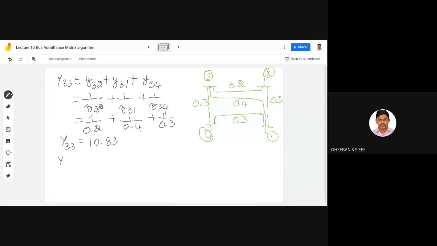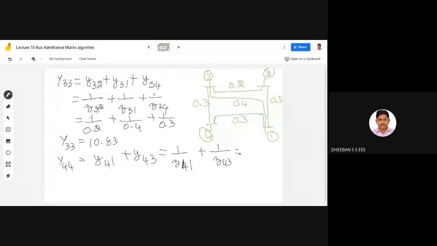And finally, for y44, it will be y41 plus y43. It will be equal to 1 by z41 plus 1 by z43.